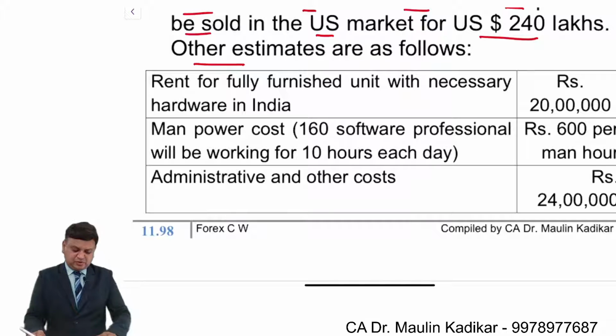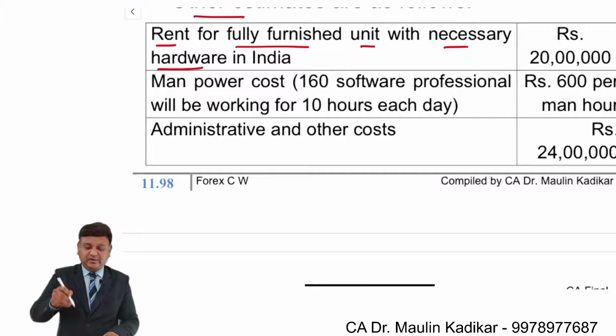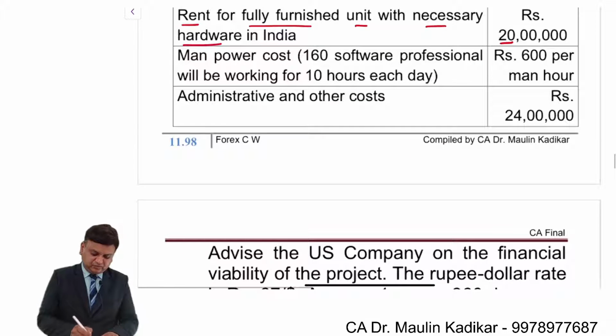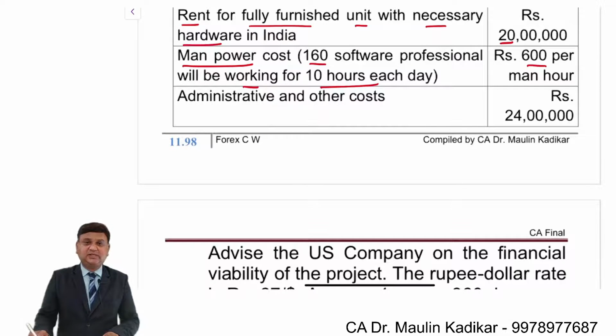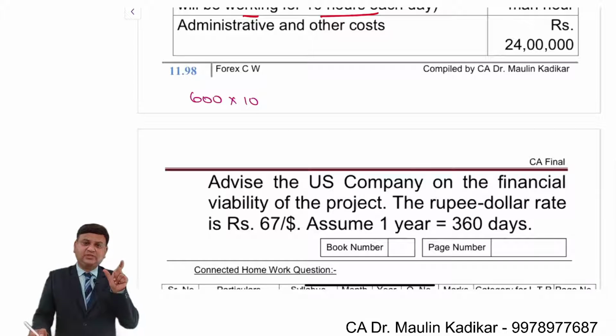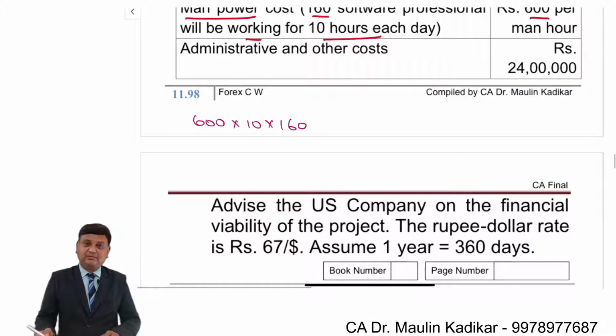Other estimates are as follows. Rent for fully furnished unit with the necessary hardware in India is rupees 20 lakhs. Manpower cost: 160 software professionals will be working for 10 hours a day and the rate is 600 rupees per man hour. Okay, so we understand that 600 rupees for 1 man hour into 10 is the wages of one worker for 1 day, into 160, that is the number of workers, into number of days in a year.